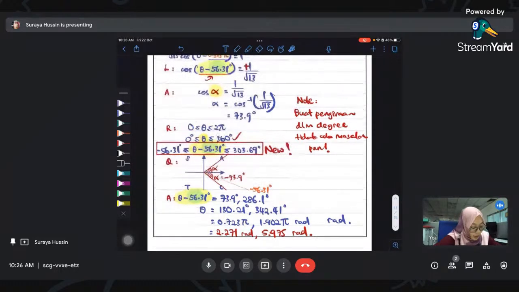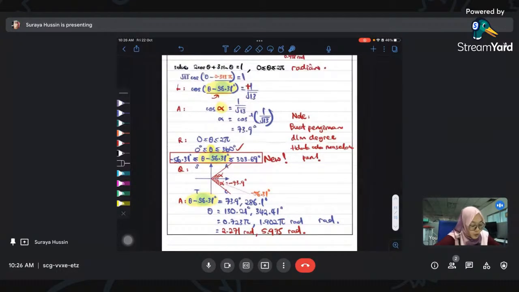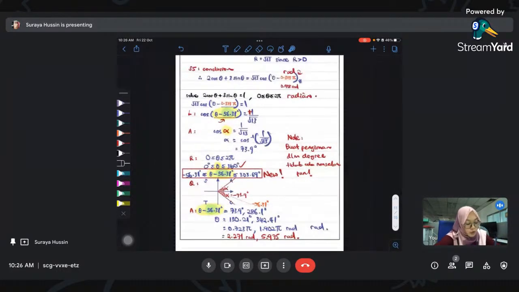That is how careful you bermain dengan quadrant dan juga new range. Maybe you should write it down there. New range. So new range ni yang perlu extra careful lah. Saya rasa itu yang kamu kena tulis, extra careful. Extra careful with the new range.